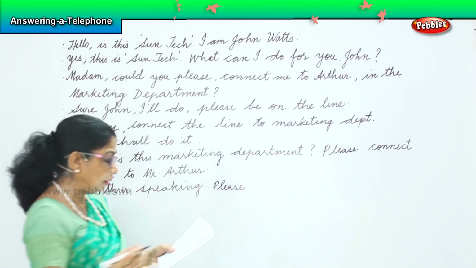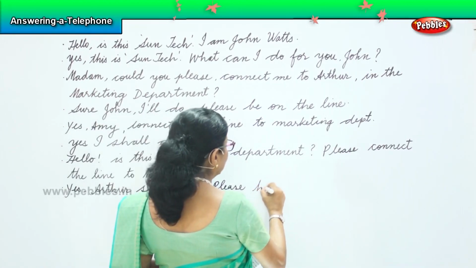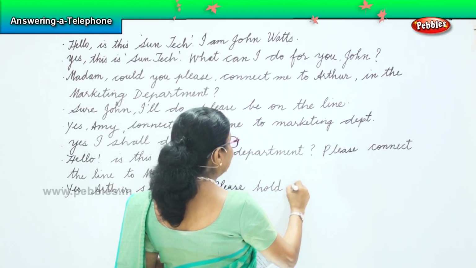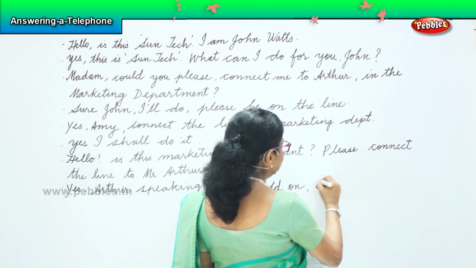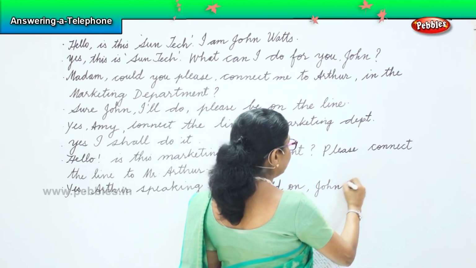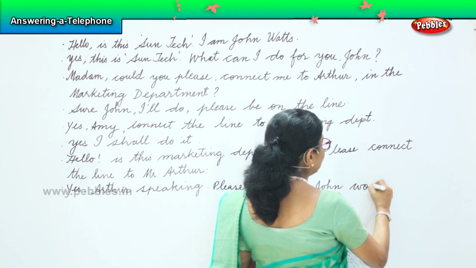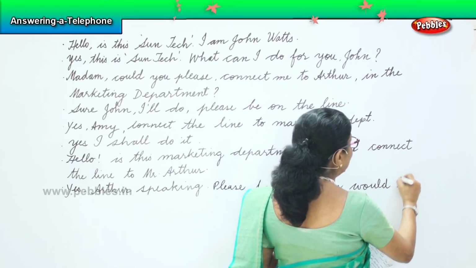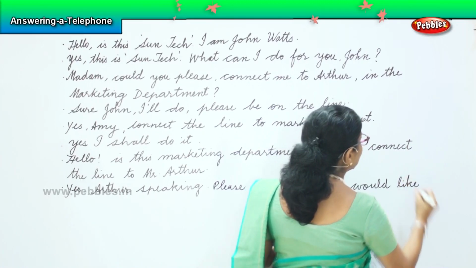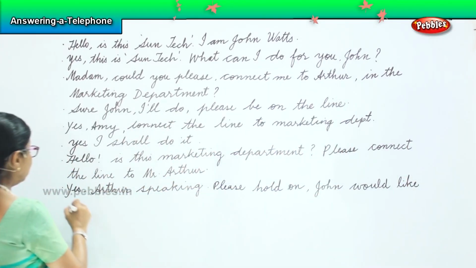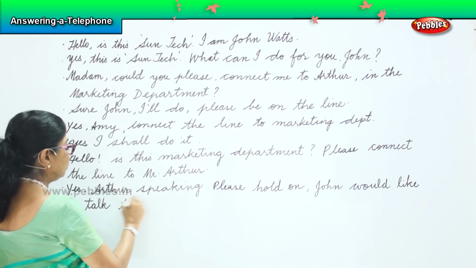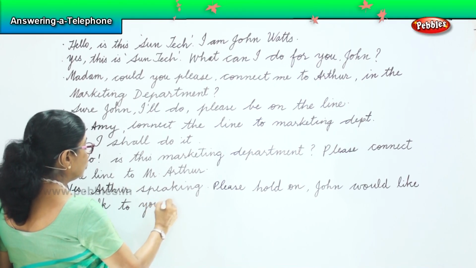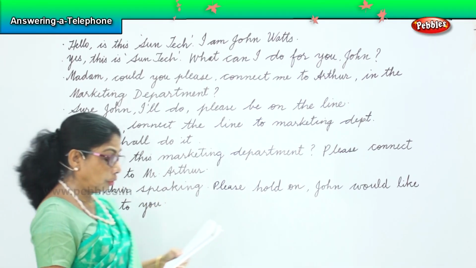John is on the other line. Please hold on. John would like to talk to you. So she's trying to connect Arthur and John.